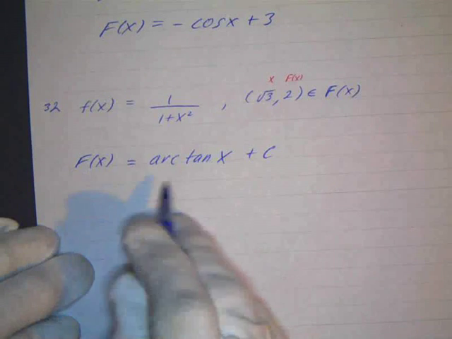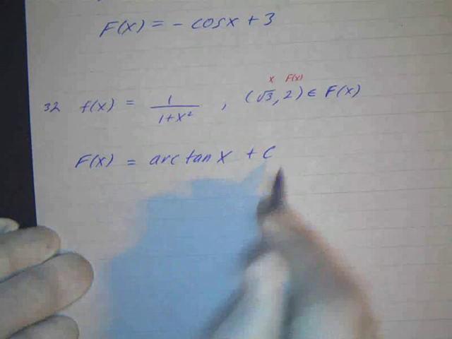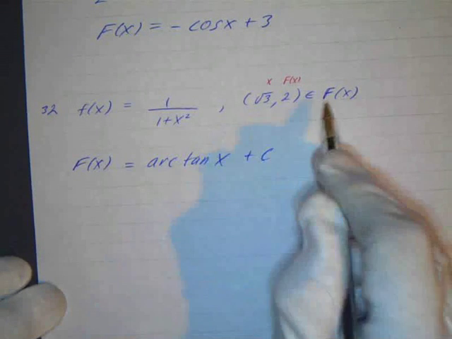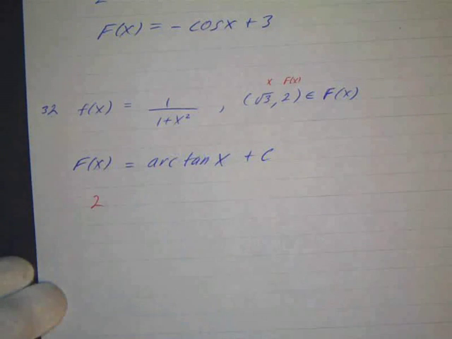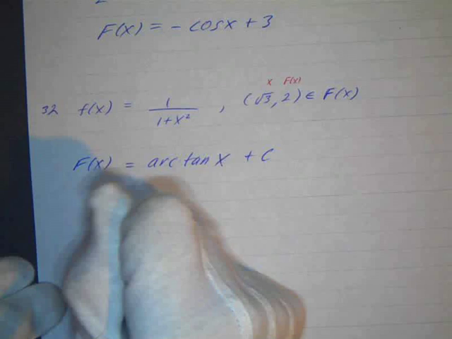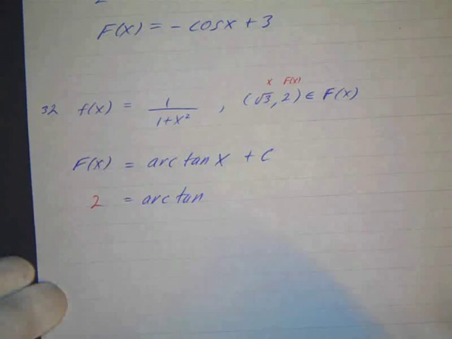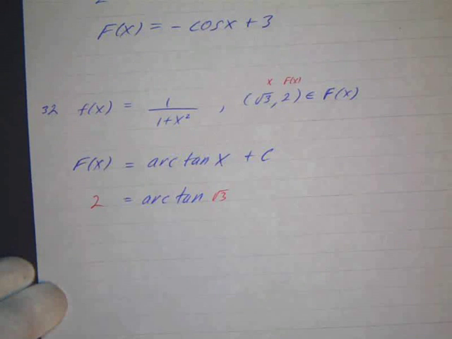And again, if you take the derivative of the arctangent, you get 1 over 1 plus x squared, and the derivative of c is 0. So that checks out. And we just put our values in. So f of x equals 2 when x is equal to the square root of 3, plus c.